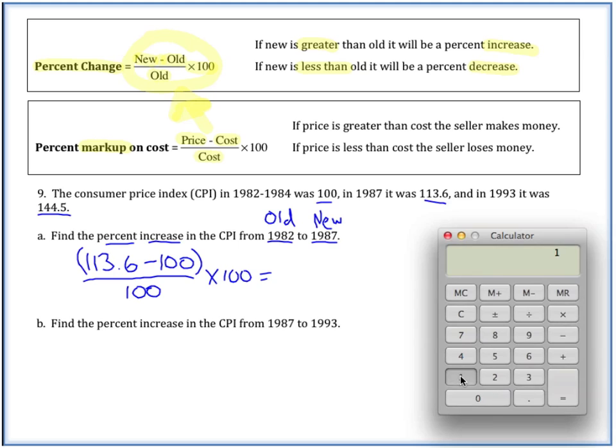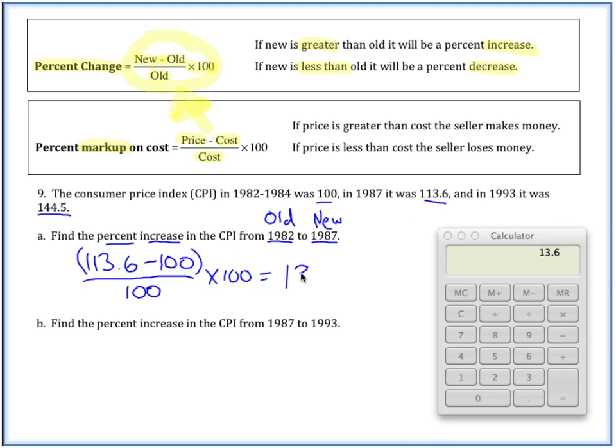If I do 113.6 minus 100, as soon as I hit equals, I get 13.6. From there I can divide by 100, which is 0.136, and then we actually multiply by 100 to turn it back into a percentage.